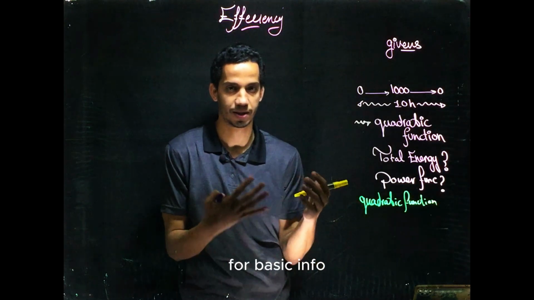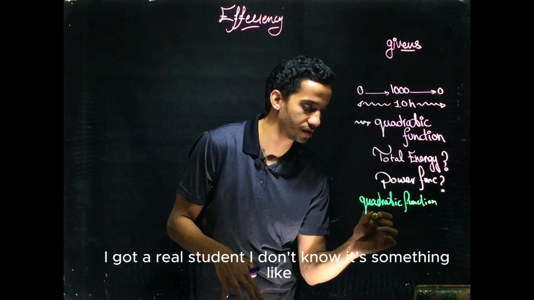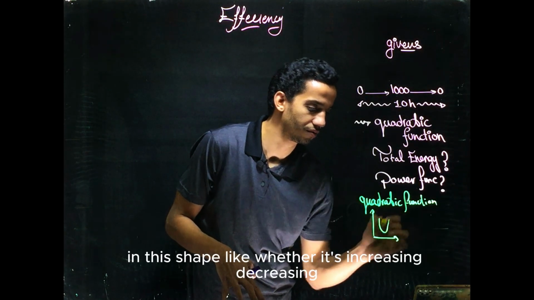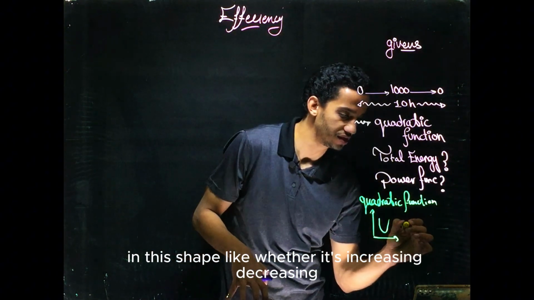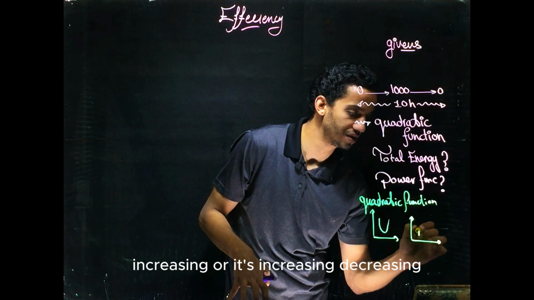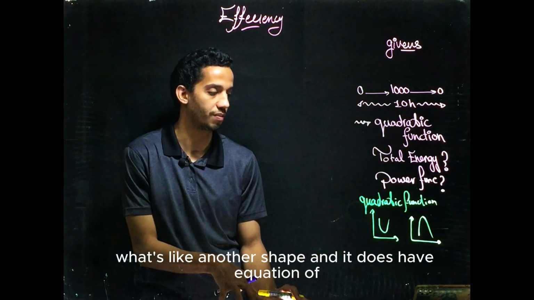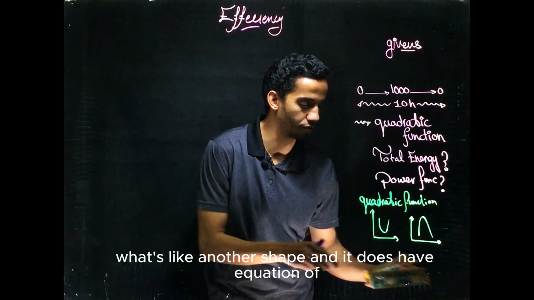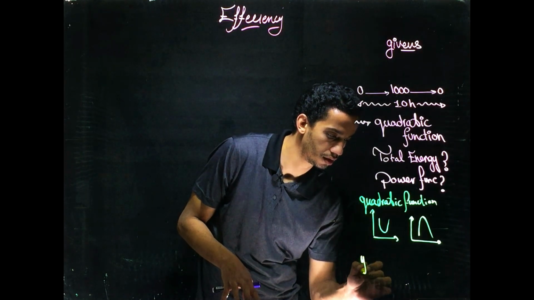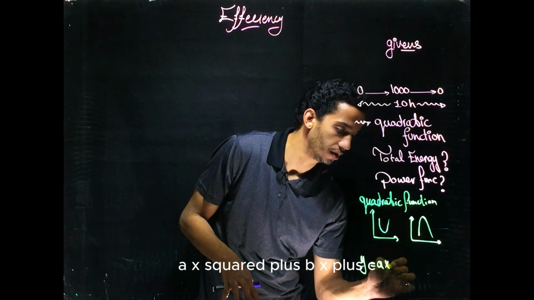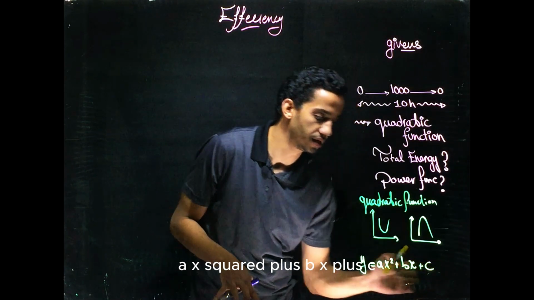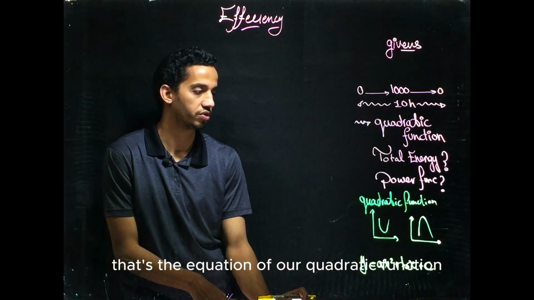For basic info, like I'm a regular student, it's something like in this shape, right? Whether it's increasing, decreasing, or decreasing, increasing, it's like a bell shape. And it does have the equation of y equals ax squared plus bx plus c. That's the equation of our quadratic function.